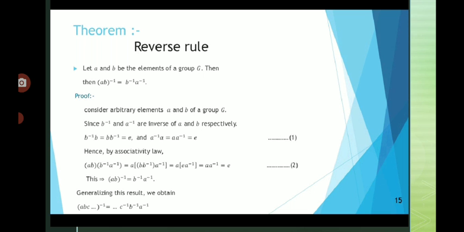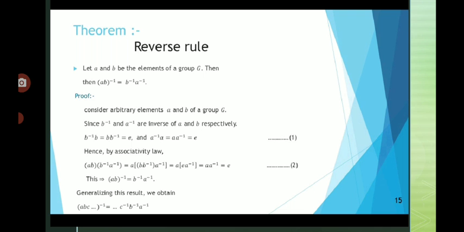Consider arbitrary elements A and B in a group G, and A inverse and B inverse are the inverse elements of A and B respectively. Then B inverse into B equals E, and A into A inverse equals A inverse into A equals E. Let us take this as equation number 1.